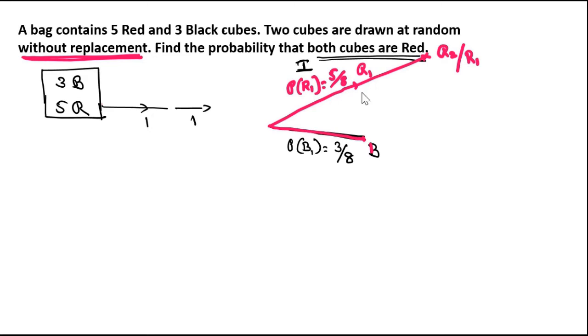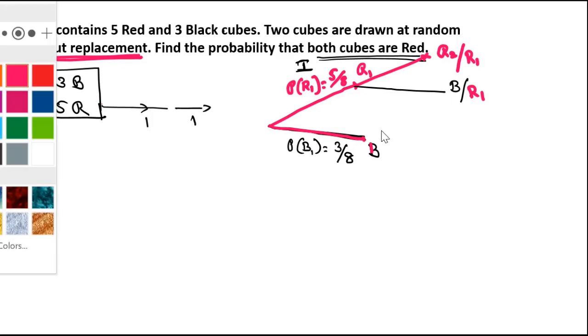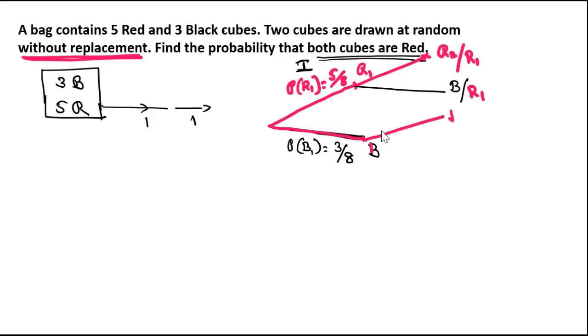Or, if the first is red, what is the probability of getting black? Or the first case happened as black. Now the possibility is one is red or the other is black.